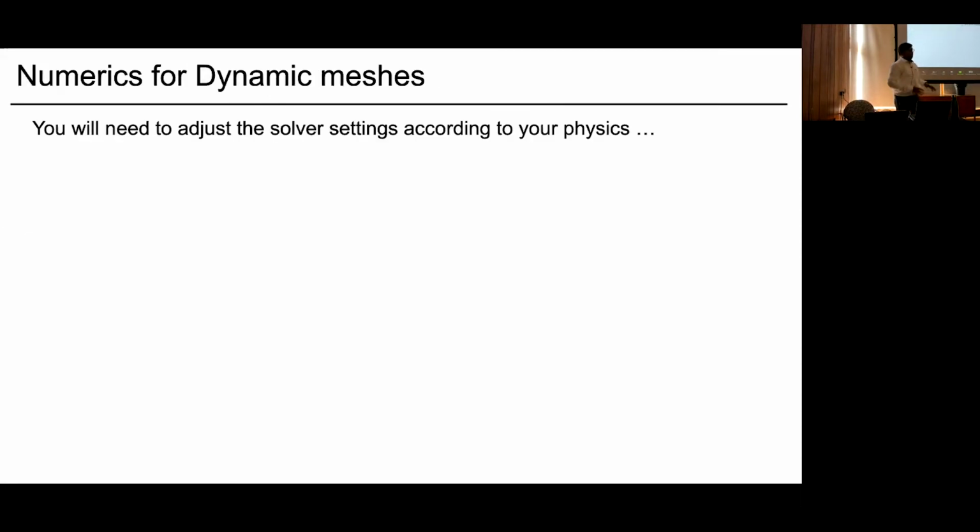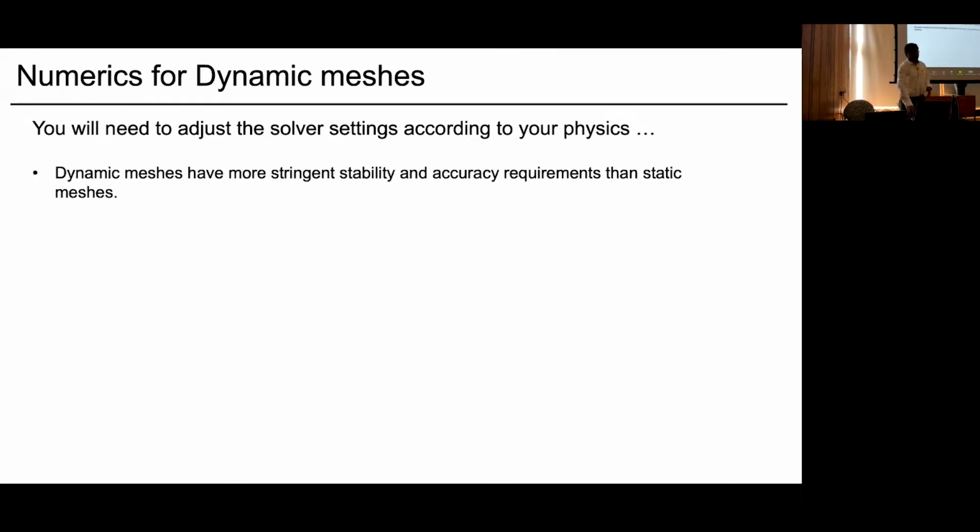This is a very important aspect that I thought I should mention: when we are using this kind of moving mesh problem, we should also take care of the numerical setups of the solver, which are normally defined in two dictionaries, fvSchemes and fvSolution. Why?